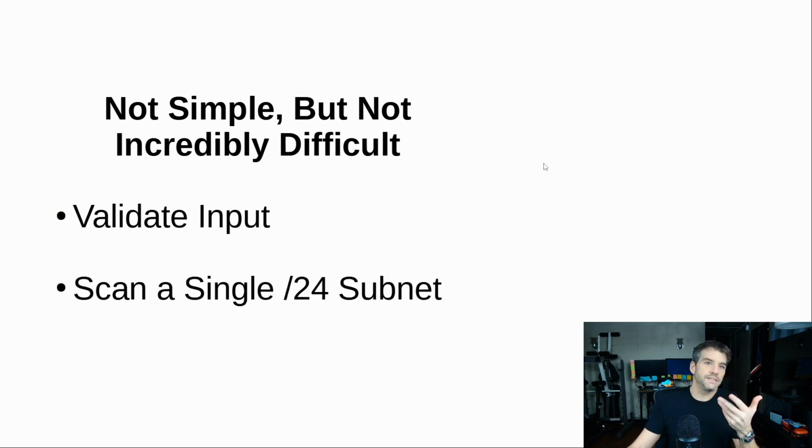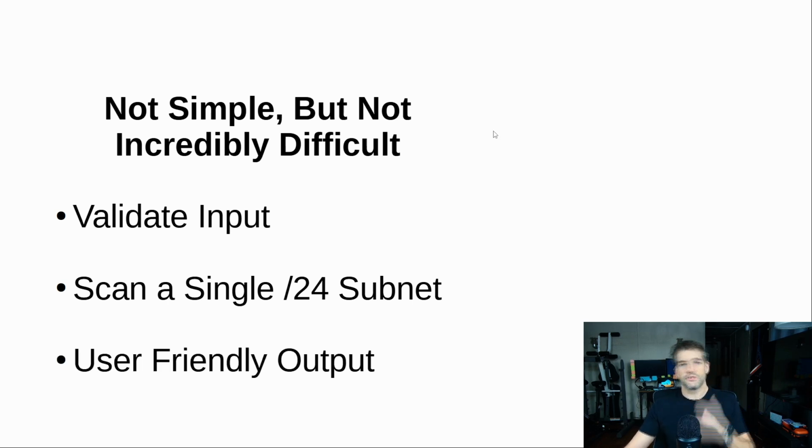Also, we're only going to scan a single /24 subnet. We're not going to scan multiple subnets or anything like that, or large subnets. We're just going to do a simple /24 subnet. Simple, not difficult, but more difficult than just scanning, say, a single IP address.